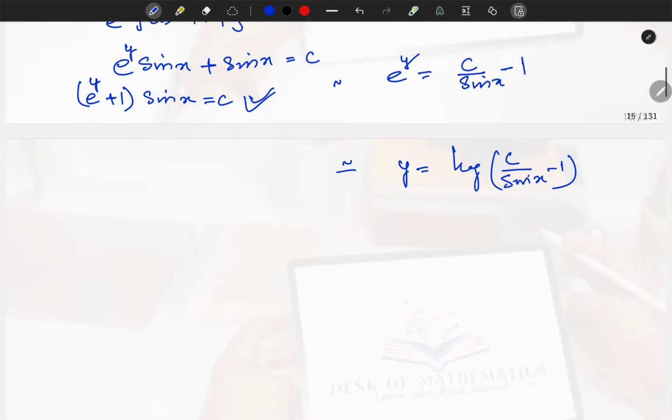Okay, so these types of questions will be in your examination, or the question will be in this way: (xy² + x) dx + (yx² + y) dy is equal to 0.